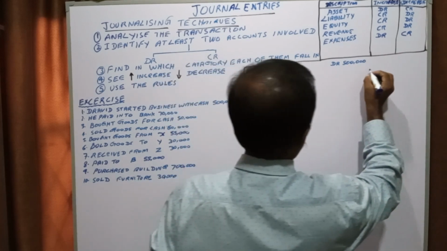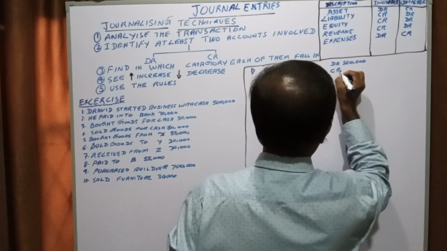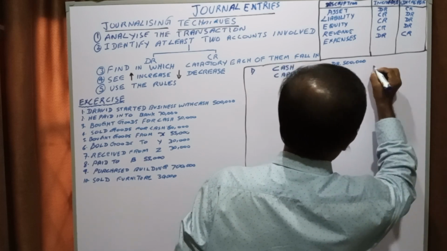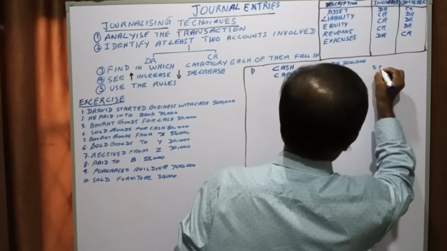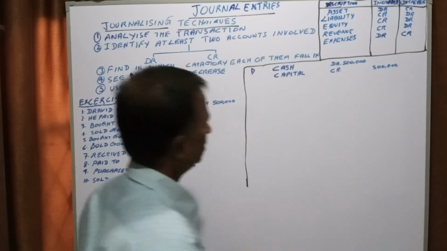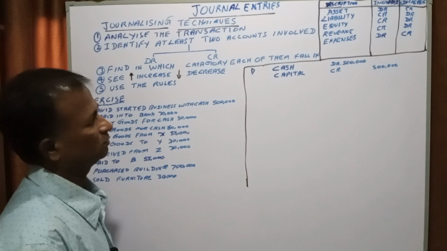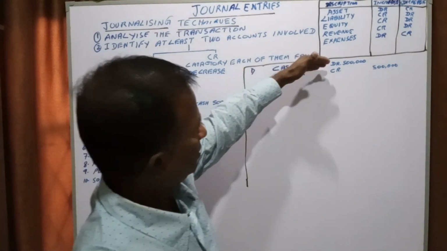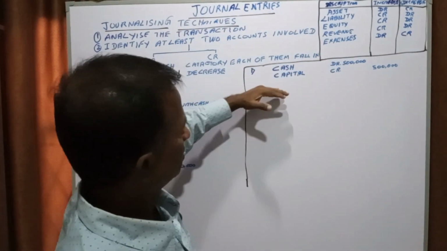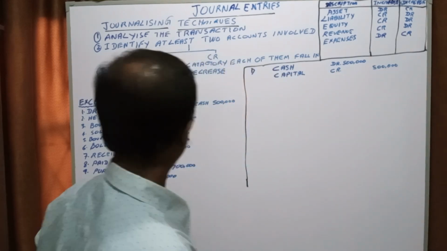Capital account is credited. You are crediting the capital account 500,000. Okay. Cash account debited 500,000. Capital account credited 500,000.